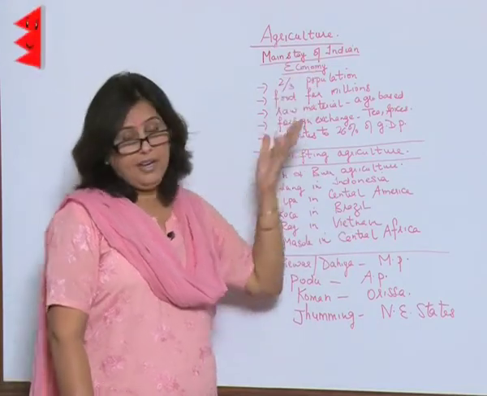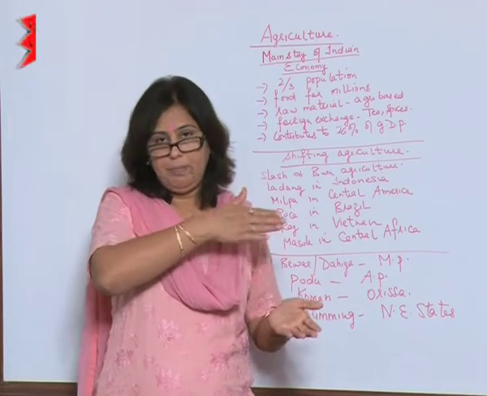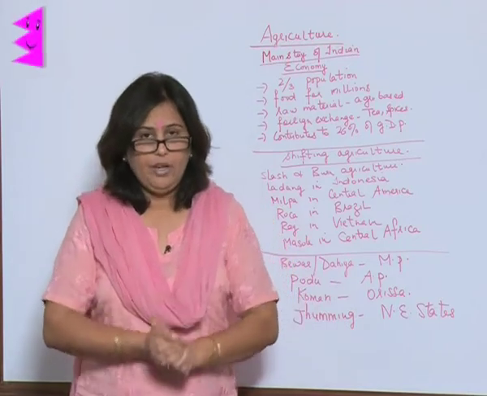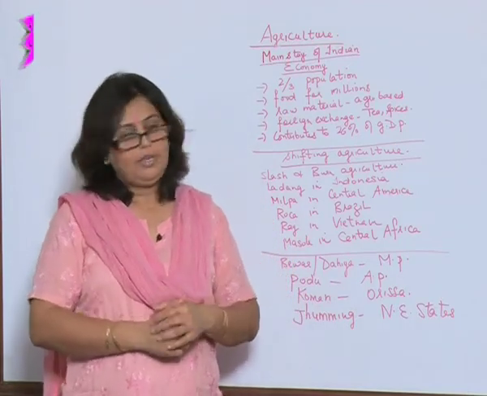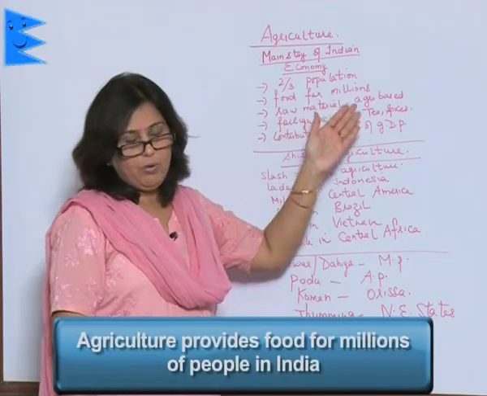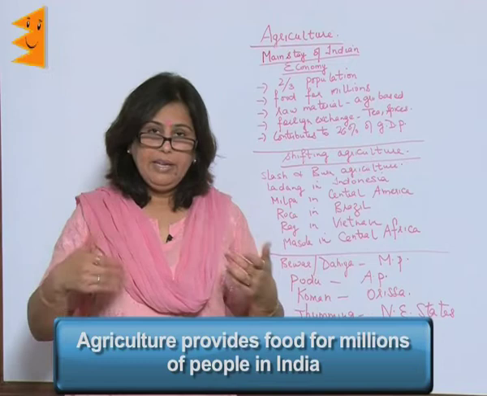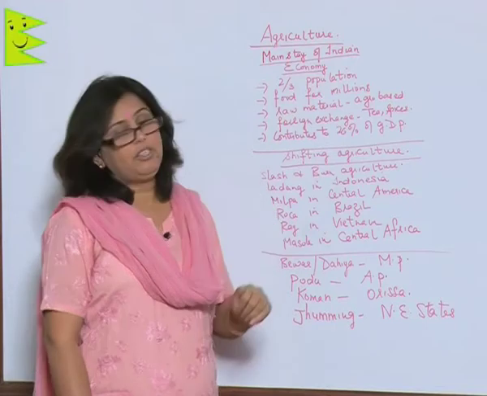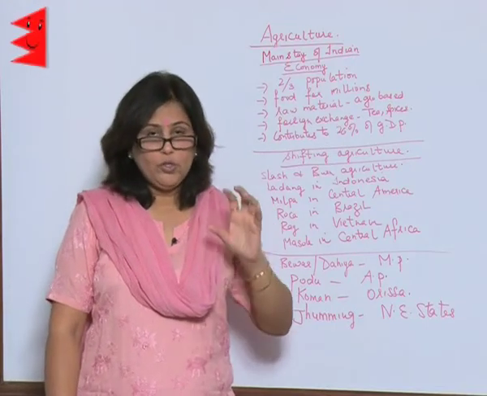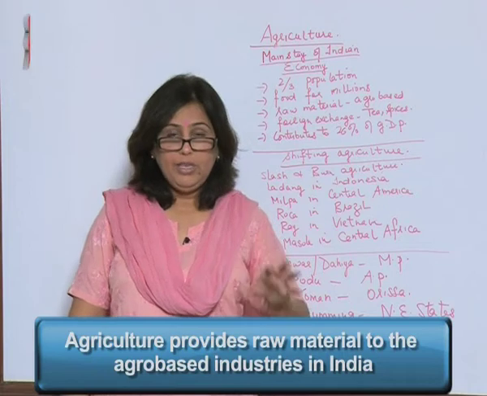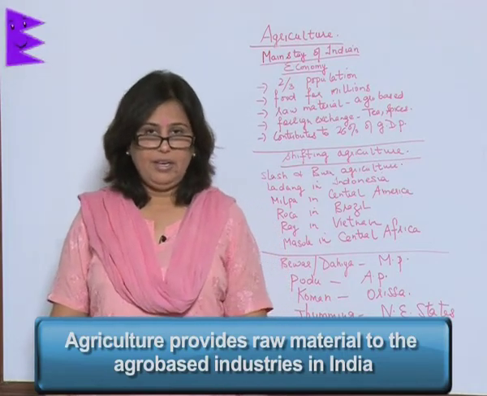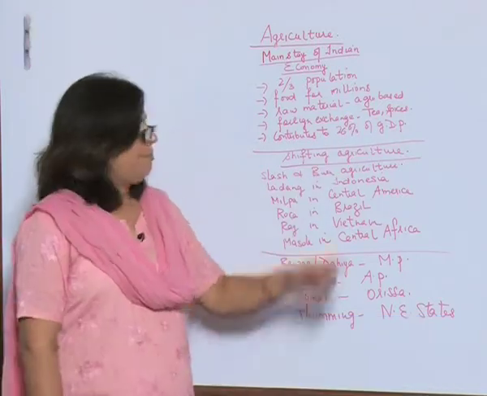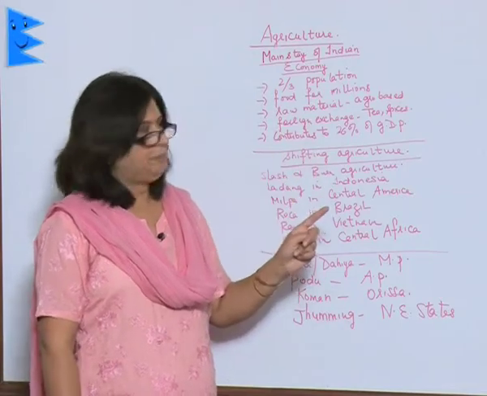Now, as we saw in the previous clipping, Indian farmers believe in growing more food crops. So, agriculture is providing food for the millions of Indians. Next, it not only gives food to the people, but also provides raw material to the agro-based industries in India, such as the cloth manufacturing industries, which use the cotton provided by the Indian farmer.